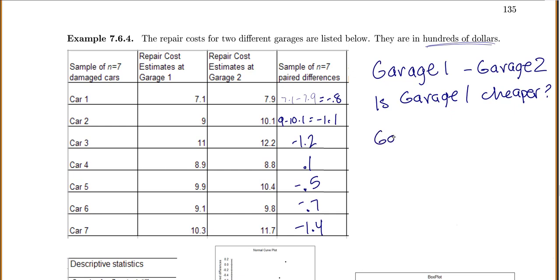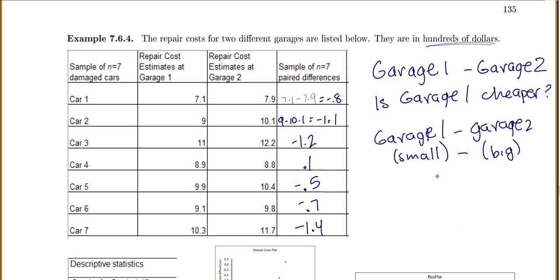So if I'm going to do garage 1 minus garage 2, and garage 1 is cheaper, these should be small amounts for garage 1, and garage 2 should be big amounts. So this should give me negative results. So my differences should be negative.